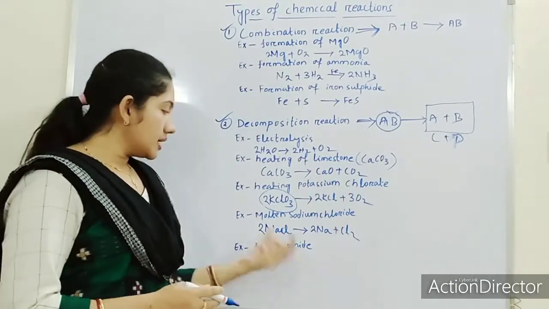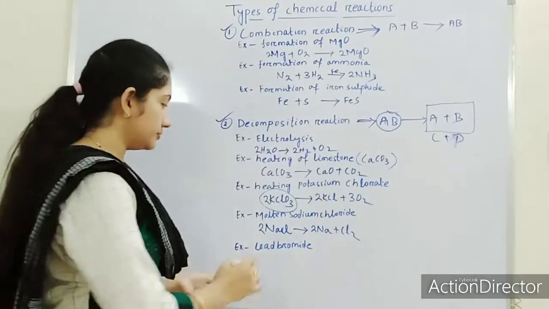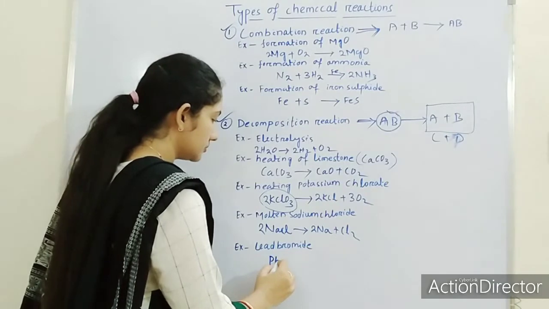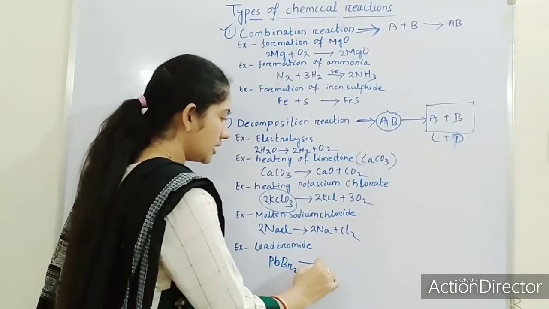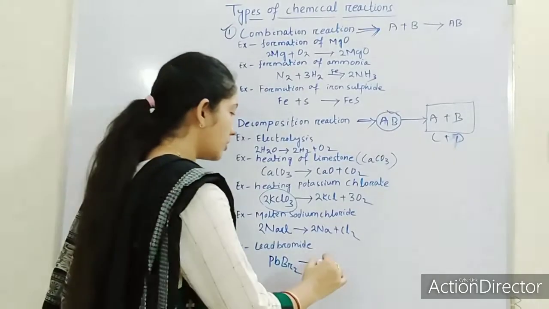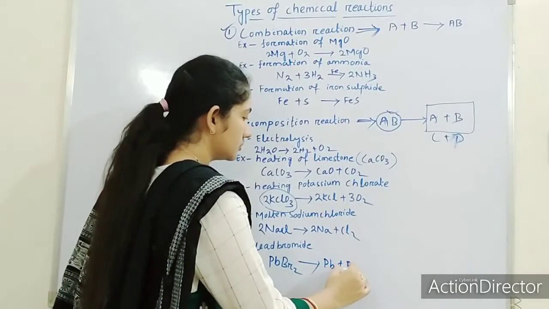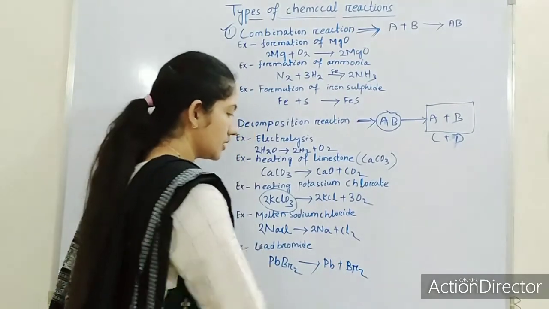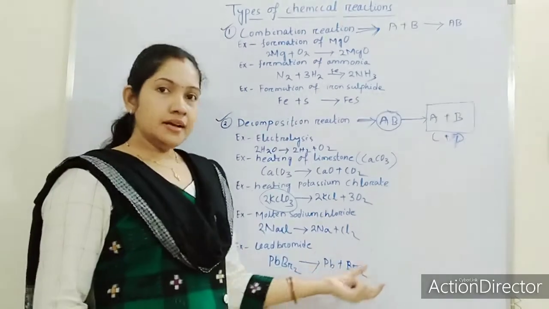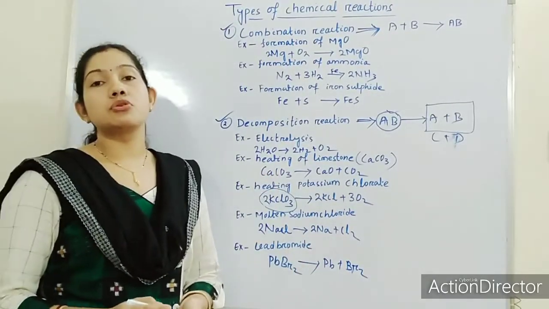Got it? Next, the decomposition of lead bromide. When lead bromide decomposes, it can form lead and bromine. So this is all about the decomposition reaction.